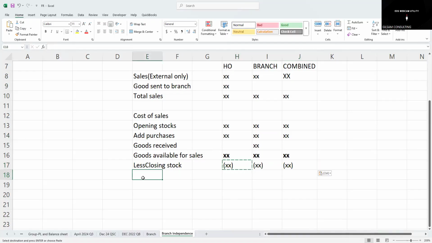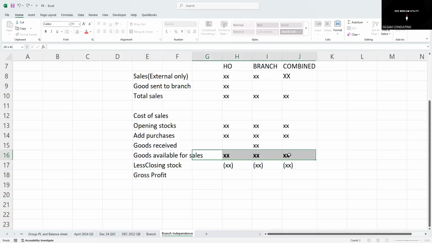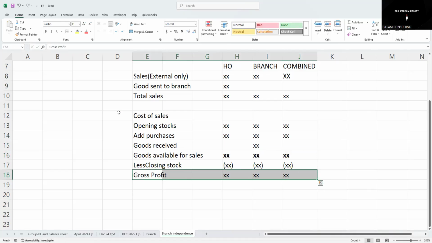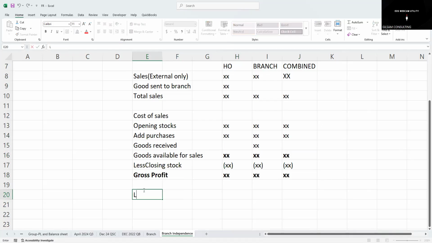Then after getting that, it will give us the gross profit. After getting the gross profit, we do adjustment or less expenses. We have a lot of expenses, so we cannot exhaust the expenditure here.